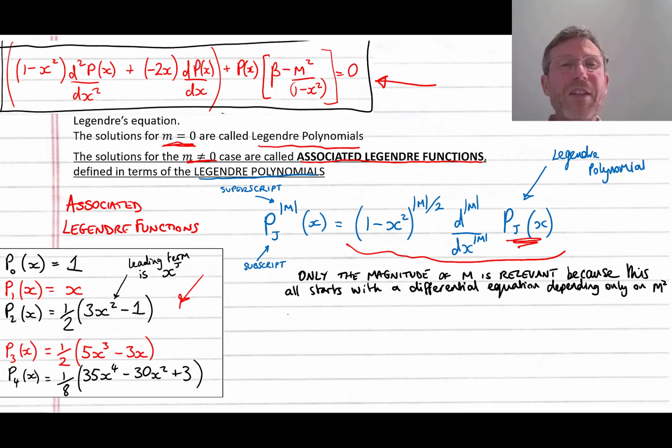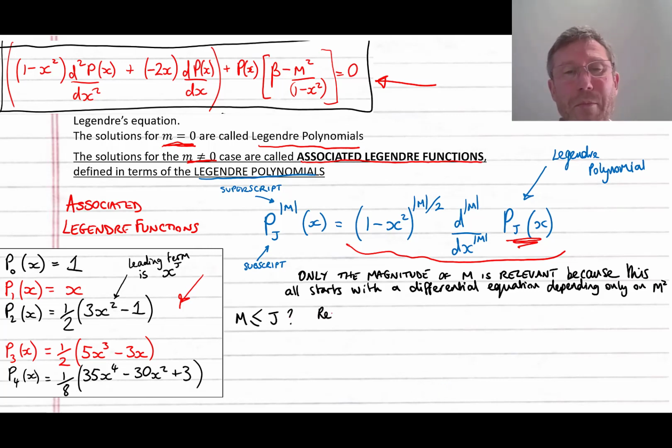We've stated that m cannot be larger than j, so m is less than or equal to j. Where does that come from?